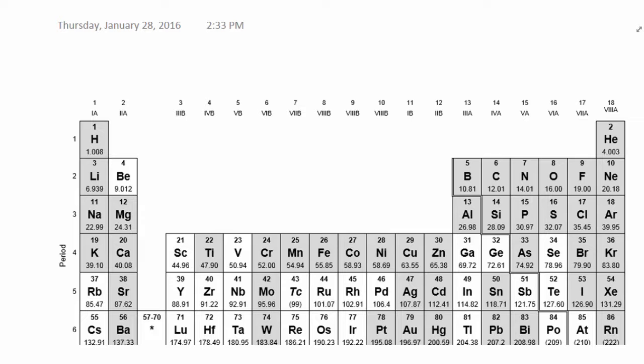So now we're going to again assign some important information to the periodic table here. And the first thing we're going to look at is this number that's inside of each box at the very top. This number here is called the atomic number.